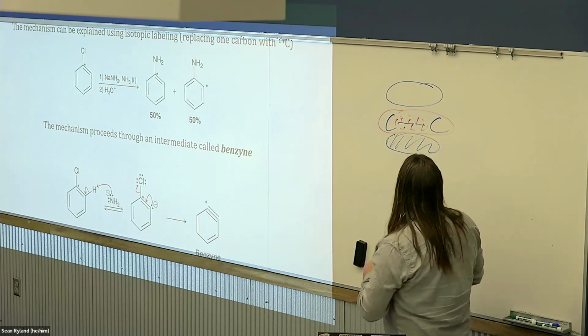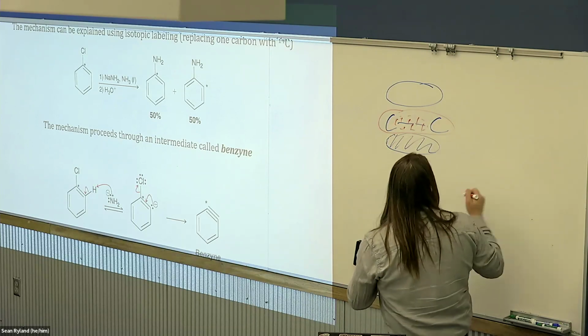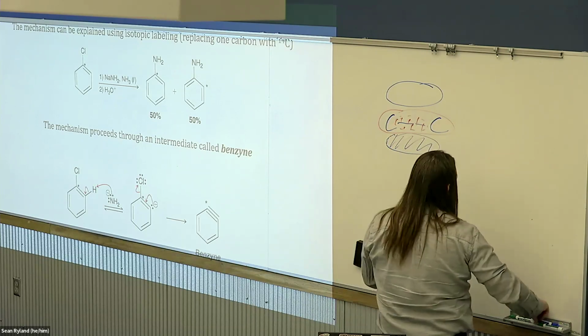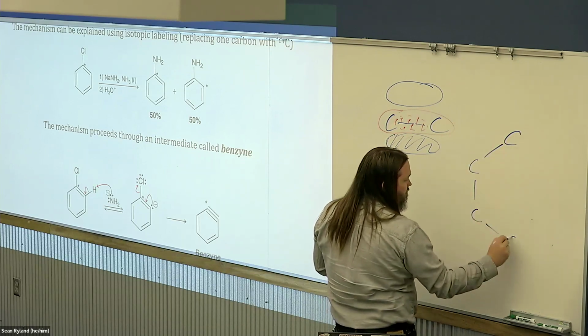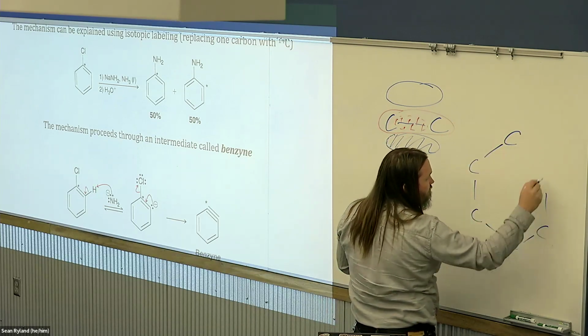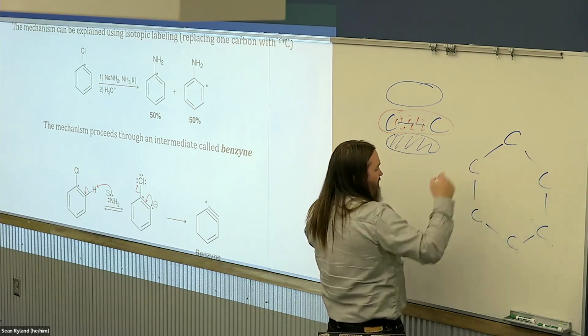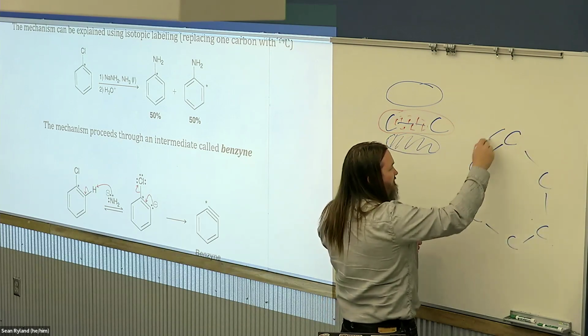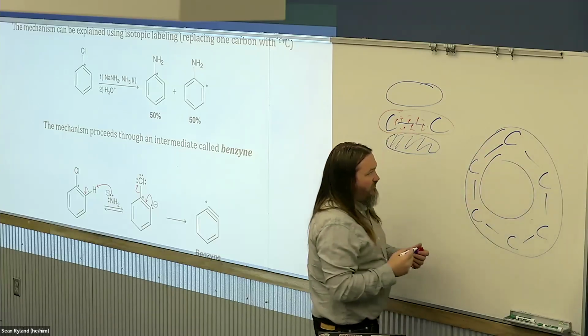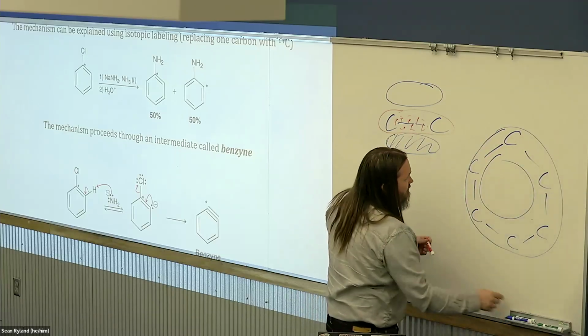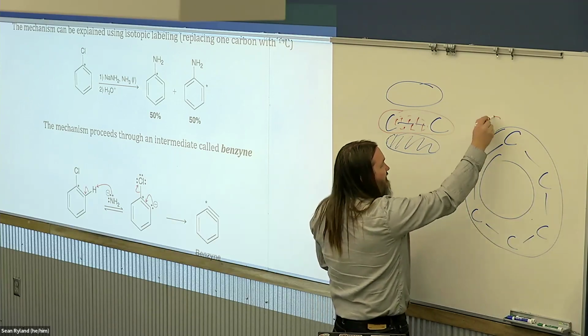So if we took this and flipped it over, we've got our aromatic cloud, the donut above and below.